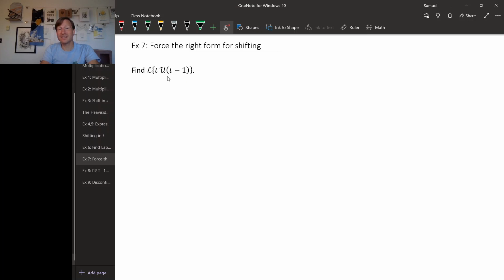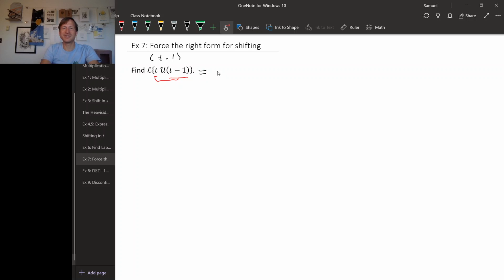This has a step function, but notice that the rest of the function, besides the step function, isn't shifted by an amount that matches the step. So we can't use our Laplace transform rule on this immediately. We have to somehow make it so that we have a t minus 1 show up, because then the shift would match the step.